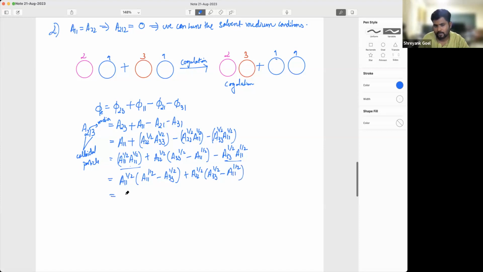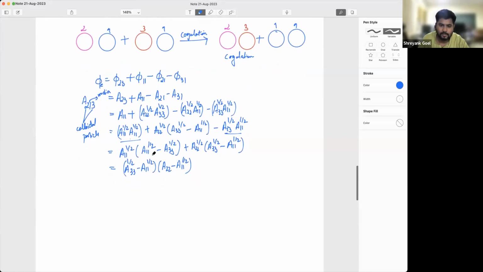What we get is A33 minus A11 to the power half plus A, sorry, multiply by A22 minus A11 to the power half. Is there any sign mistake? So this become common.